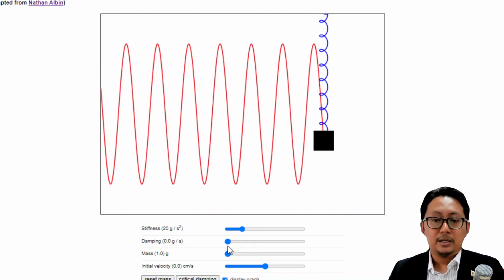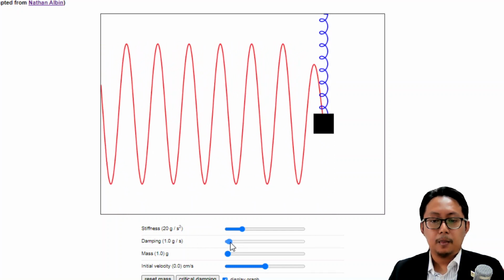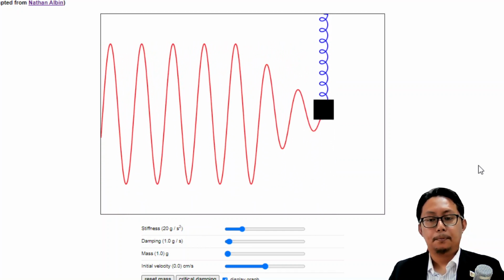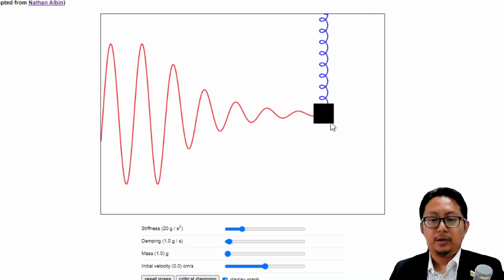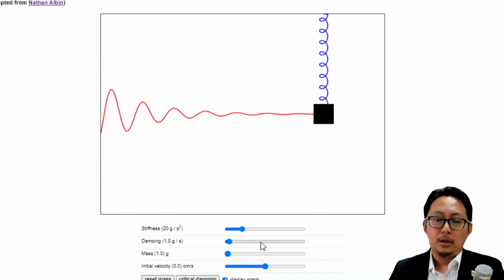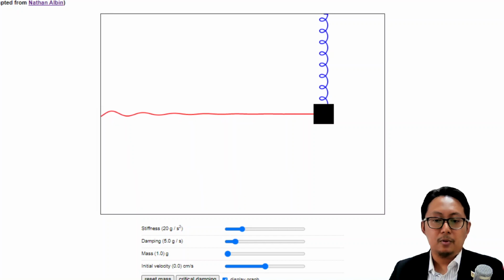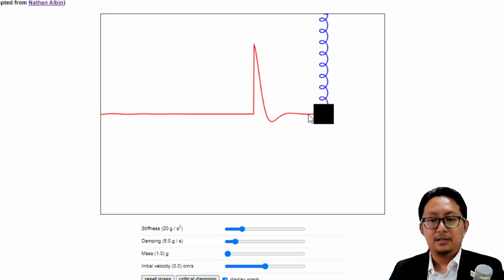When we increase the damping from 0, you can see that the oscillation reduces, and very soon it will stop. We try to increase the damping to 5 grams. We need to start again. It still oscillates, but after a certain stage, it will stop.